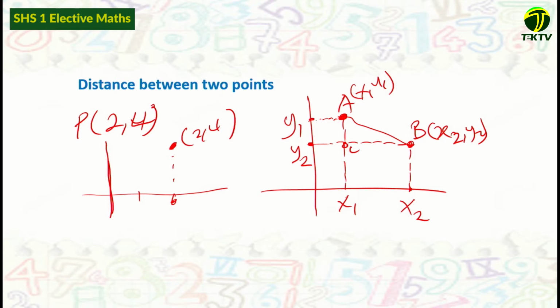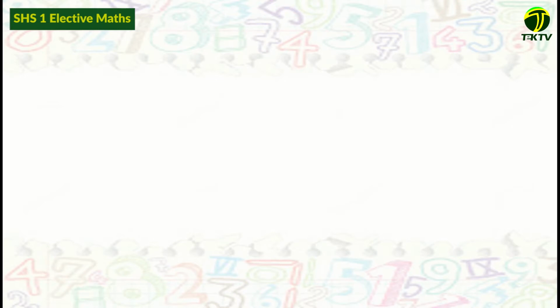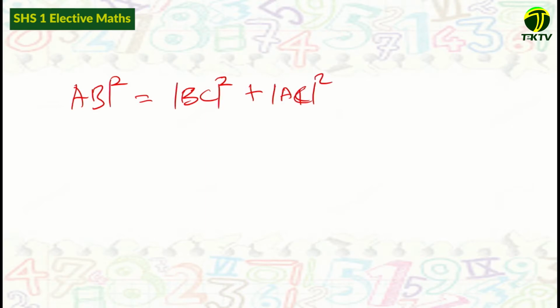By the theorem, we have AB squared, the longest side squared, should be equal to BC squared plus AC squared. They are both lengths, so we have to come with my magnitude sign. We have AB squared is equal to BC squared plus AC squared.